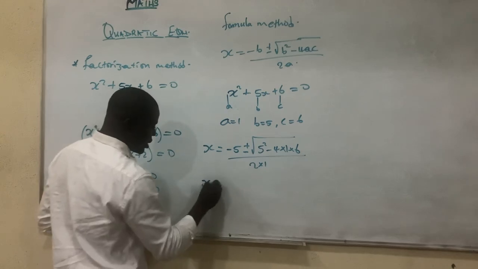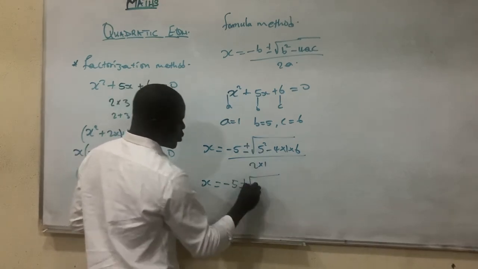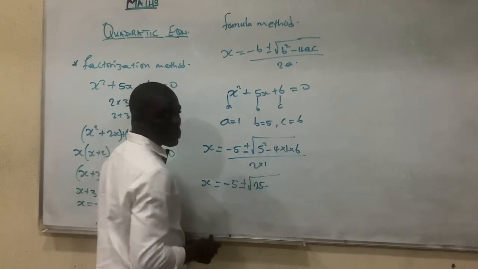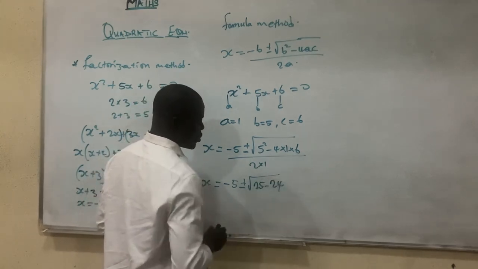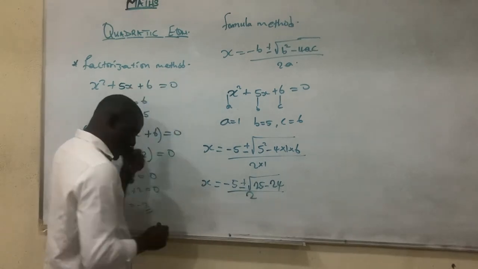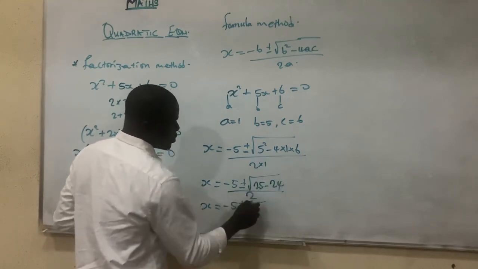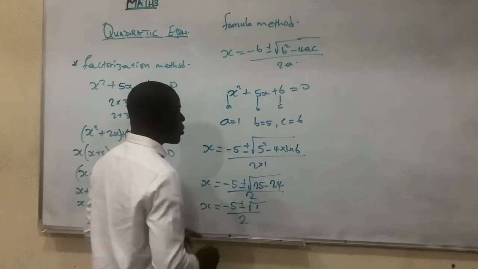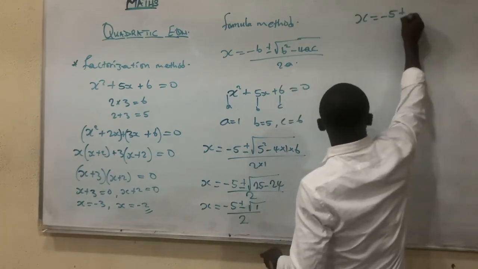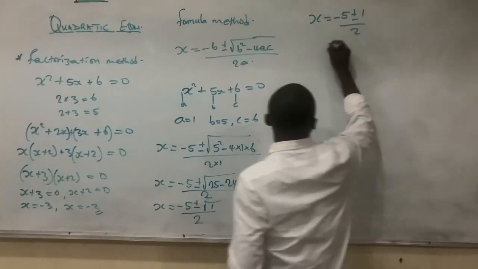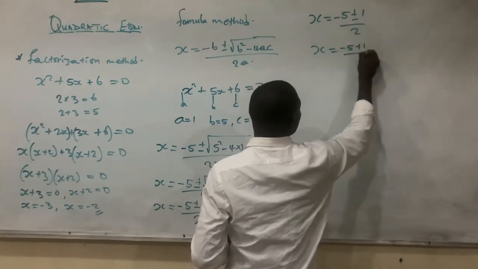So going further, we have x equal to minus 5 plus or minus the square root of 25 minus 4 times 1 times 6, which is 24, over 2. 25 minus 24 gives us 1, so x equals minus 5 plus or minus the square root of 1, which is 1, over 2.